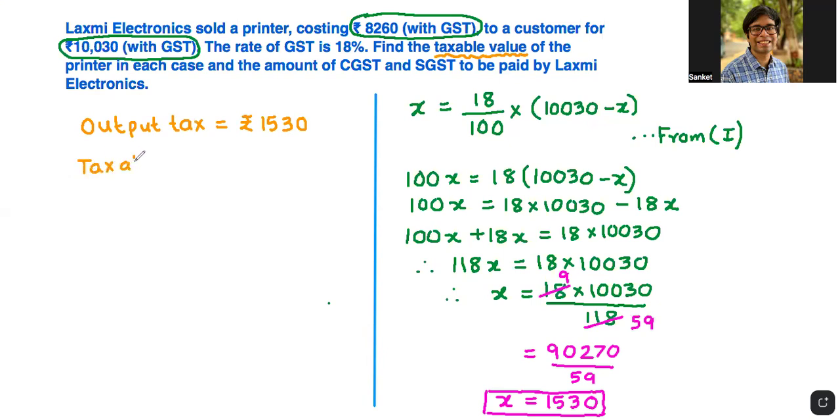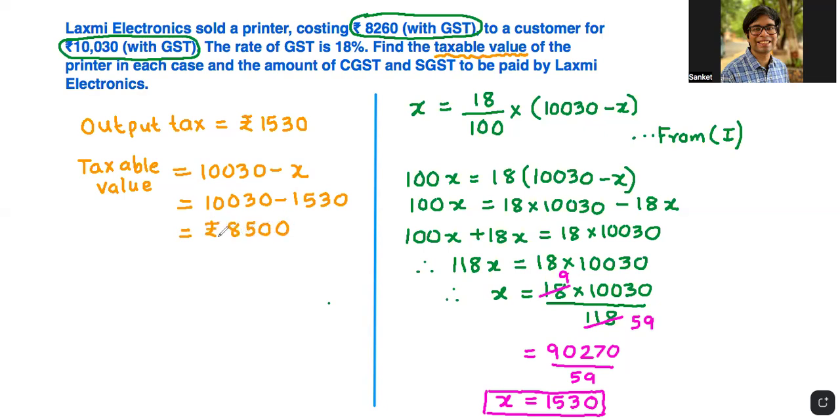So taxable value from my equation 1 was 10030 minus amount of GST, or I can say 10030 minus X. So that is 10030 minus 1530. That is rupees 8,500. So this is the first taxable value that I've calculated.